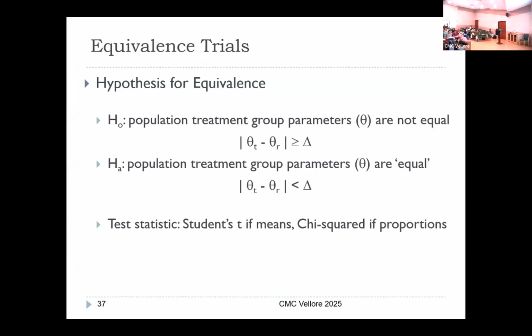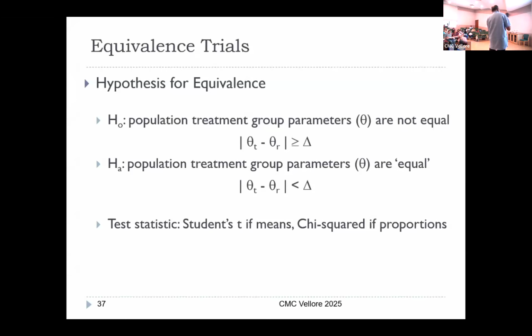So we don't want the difference to be greater than some small value. That value is, of course, in the same units as what we're measuring. If it's a difference in means, that's also the units of the mean. If it's a proportion, then it's a difference in proportion, plus or minus 1%, plus or minus 0.5%, a very small amount. Okay. The null hypothesis is that it is bigger, so they're not equivalent.